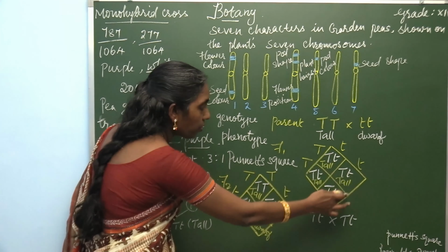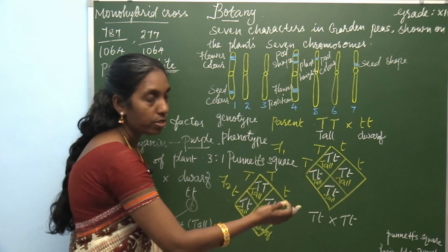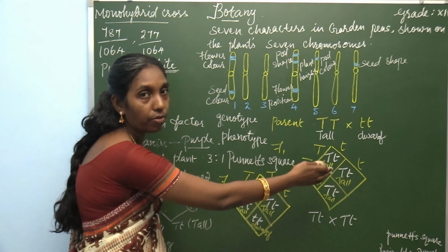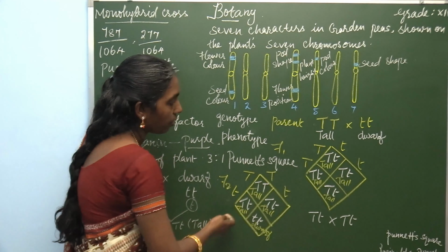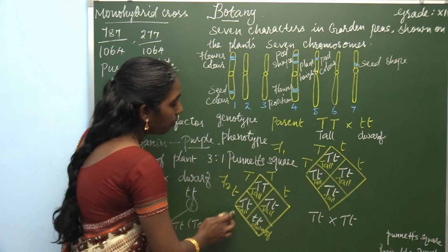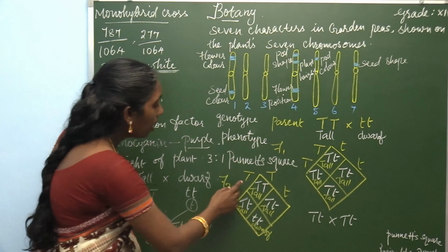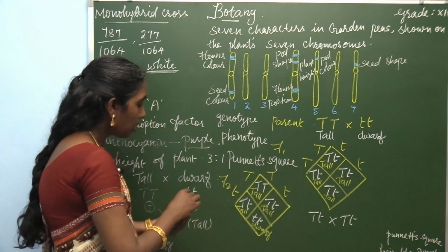So the Punnett square is the diagrammatic representation of these ratios, and we can find them very easily. In F1 all plants were tall, but in F2 there are tall and dwarf.